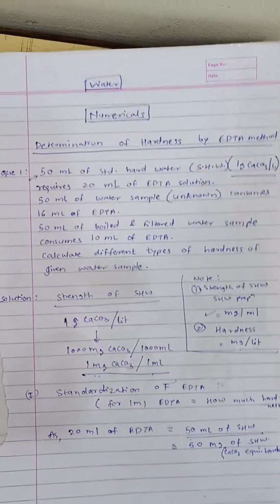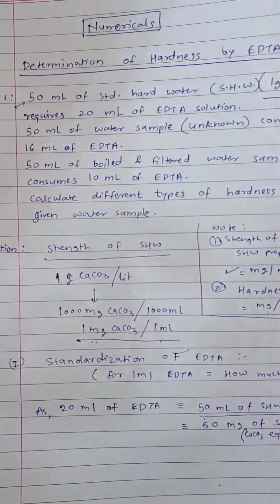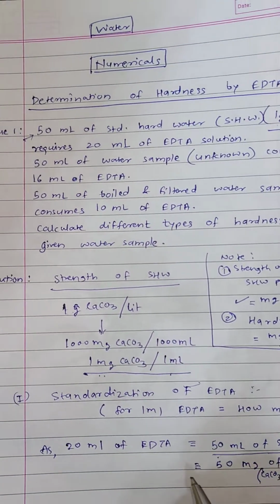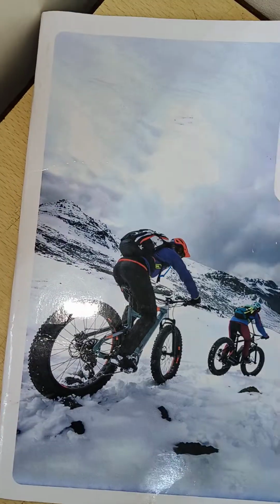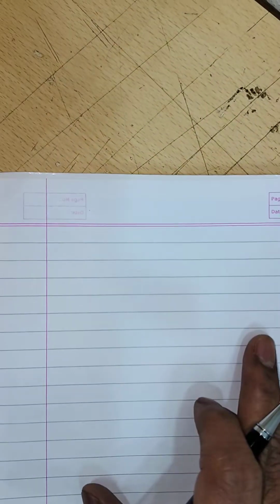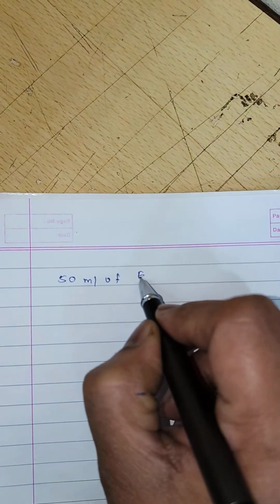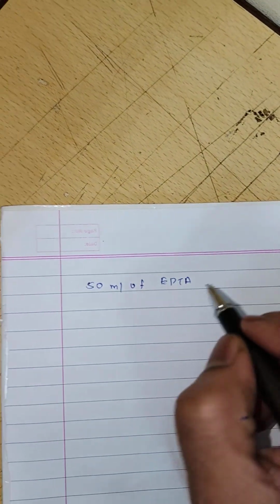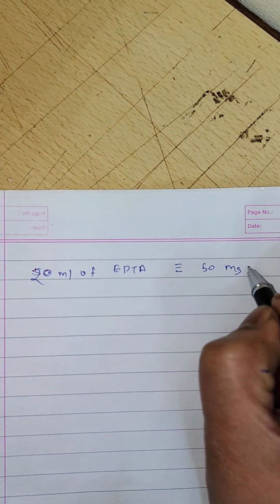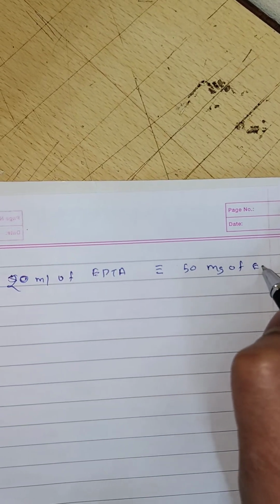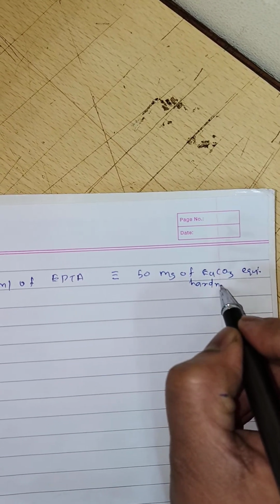So you can write again: 20 ml of EDTA corresponds to 50 milligram of CaCO3 equivalent hardness.